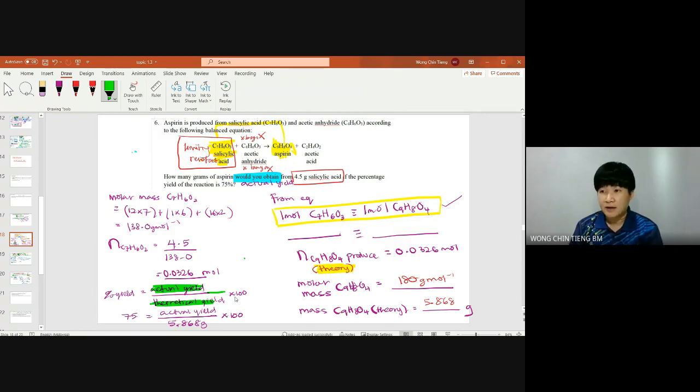Why I asked Lau just now what is the unit of the actual yield? Because the theoretical yield that I put in just now is gram. Therefore, the actual yield calculated must also be in gram. Okay? Boleh guna mole. Kadang-kadang tengok kesesuaian soalan. Kalau rasa tak perlu kira lebih, boleh guna mole. Okay? Depends pada soalan. Question?